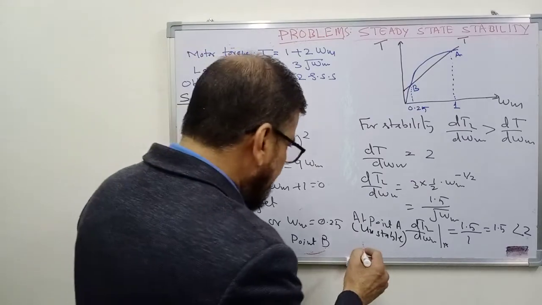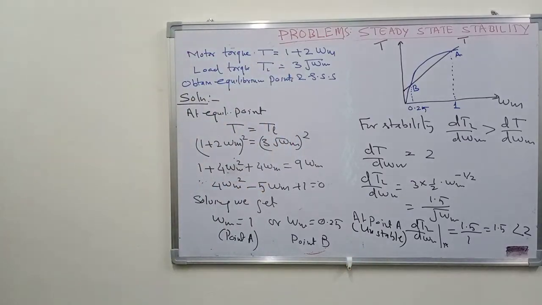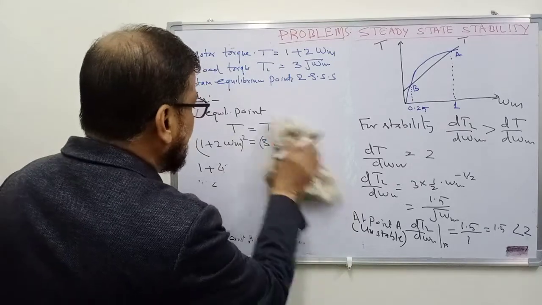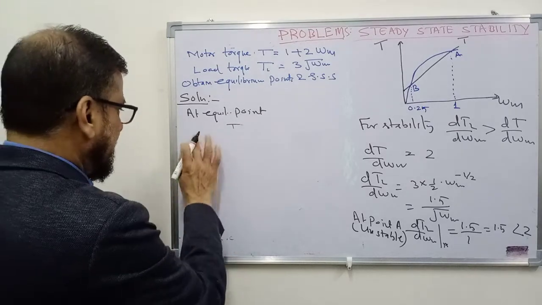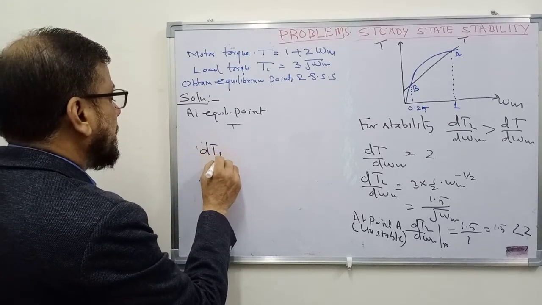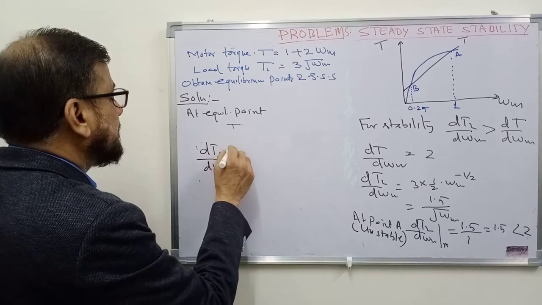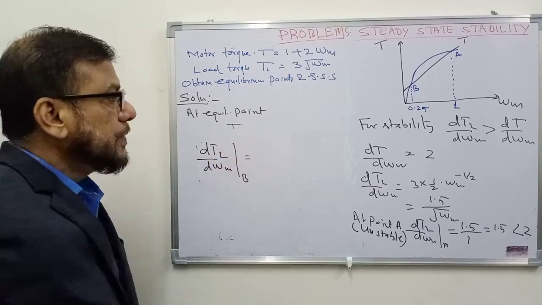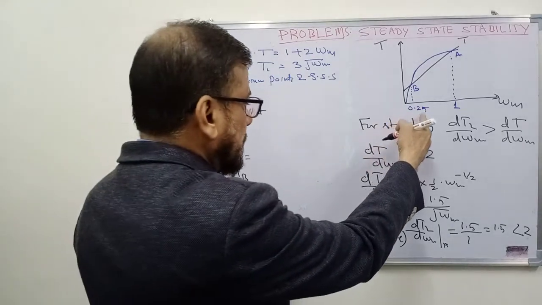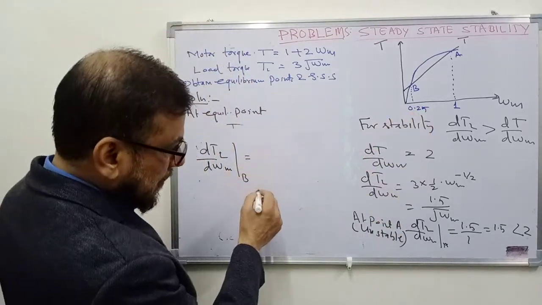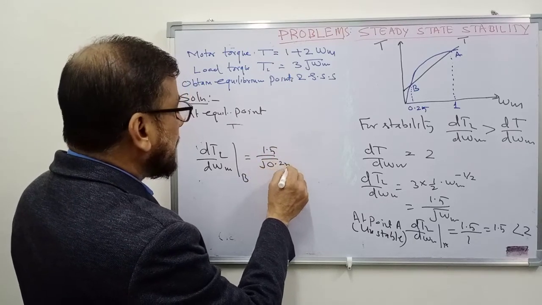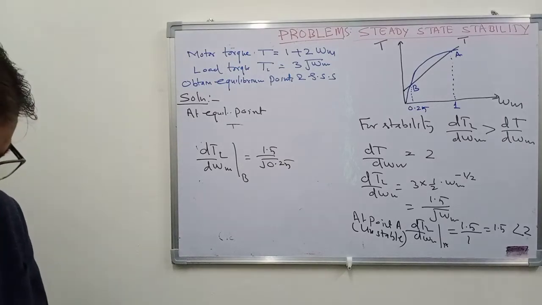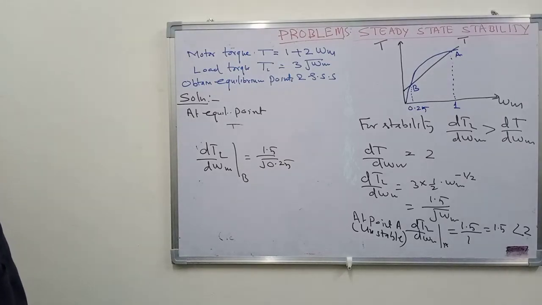Now at the other point, point B, where omega m is equal to 0.25, dTL upon d omega m is equal to 1.5 upon square root of 0.25, and this value comes out to be 3.